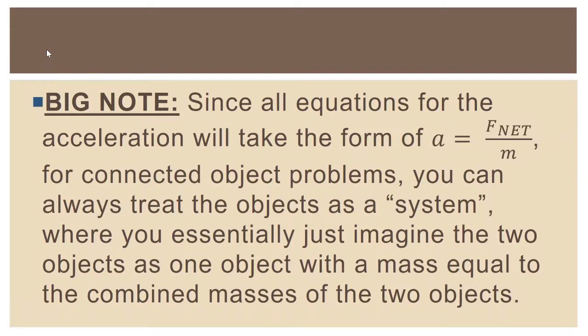Take a second to pause this video here and write that down. And so notice when you do that, you'd realize the 30 newton applied force acting on that one 25 kilogram object would give you an acceleration of 1.2 meters per second squared.